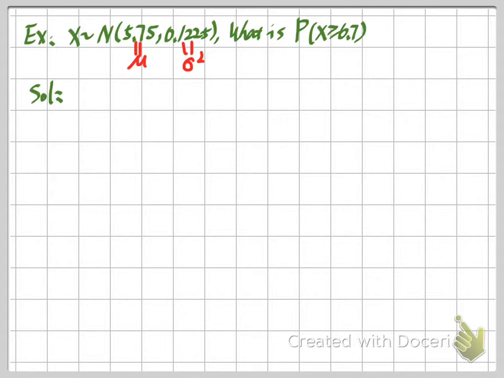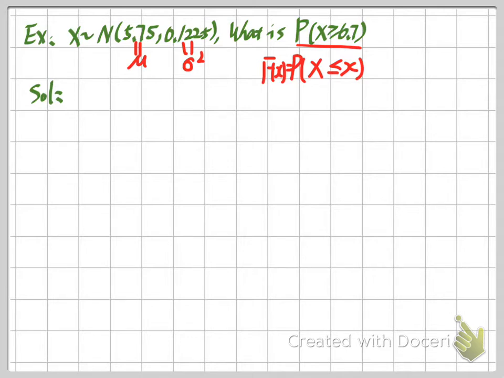However, if you compare this with our definition of the CDF, the CDF, maybe we use F of x, is always equal to the probability of capital X smaller or equal to a small x. So that means instead of the question X greater or equal to 6.7, we want a symbol like smaller or equal to.